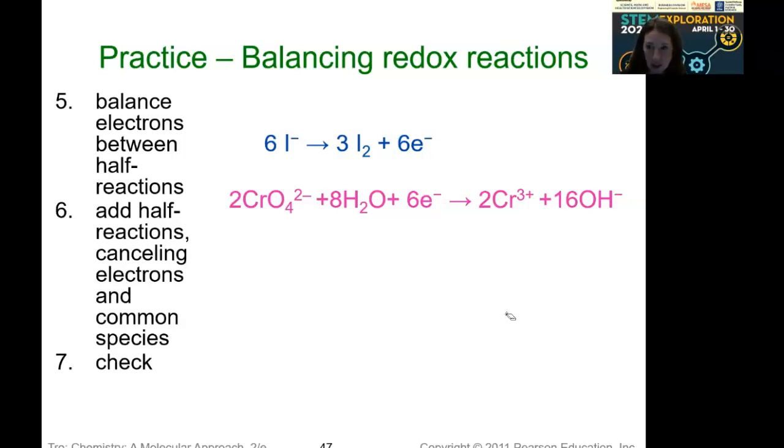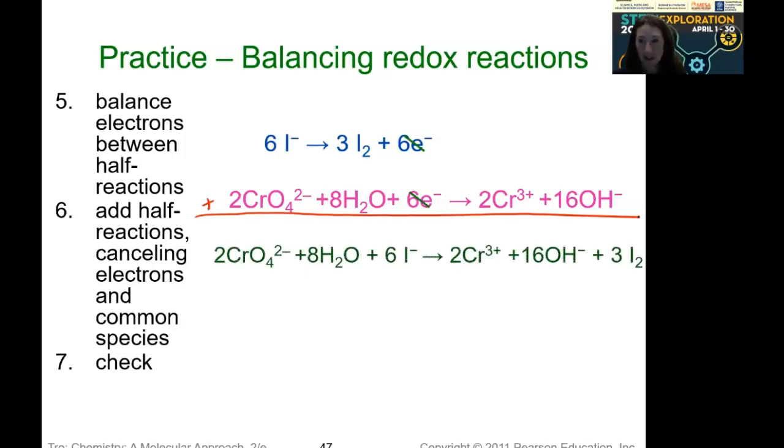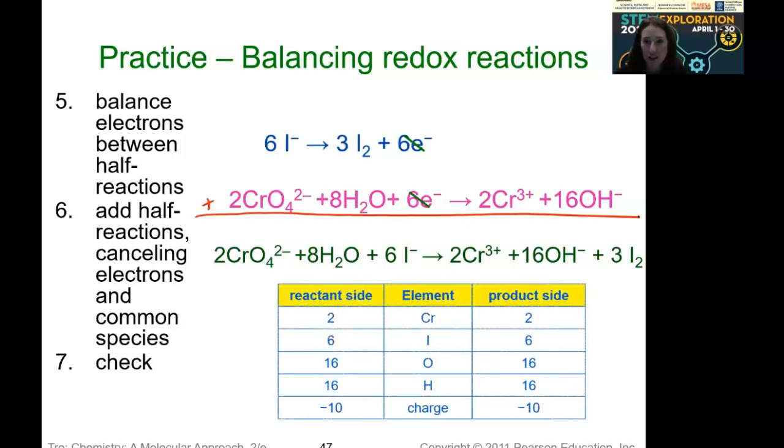And you can see our electrons will indeed fall out. And then we finally add our equations. And this should be our balanced equation. If we check everything, indeed, our charges do balance and our elements do balance.